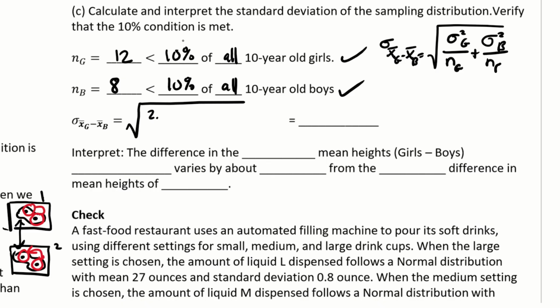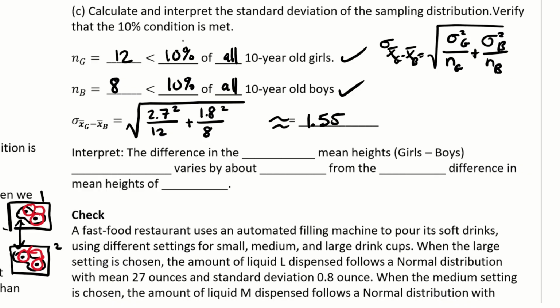So we're going to be using that formula here. For girls, it was 2.7 squared for the standard deviation. There were 12 girls. Plus the boys is 1.8 for the standard deviation, squared, over 8 boys. So that's going to be approximately 1.55.